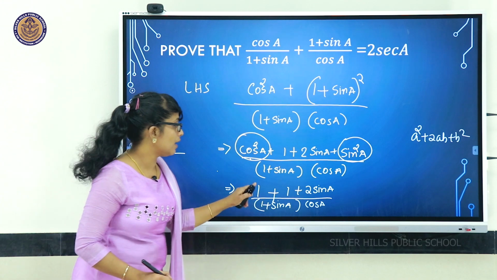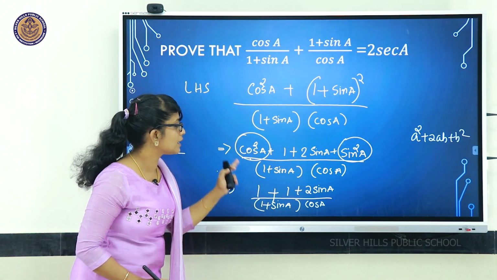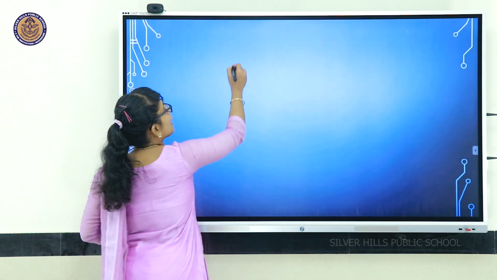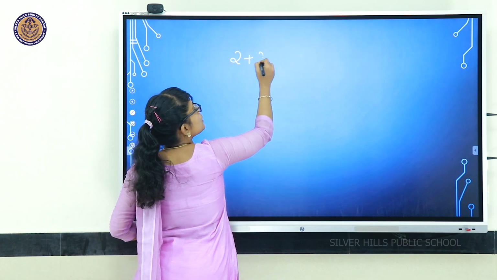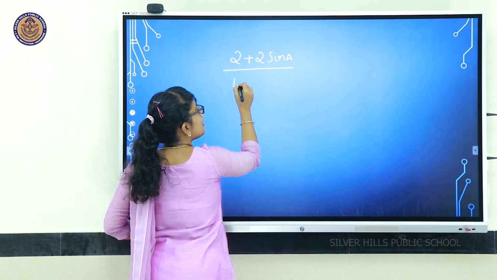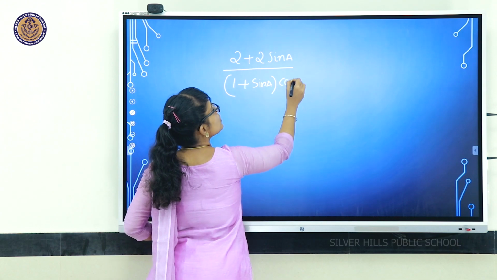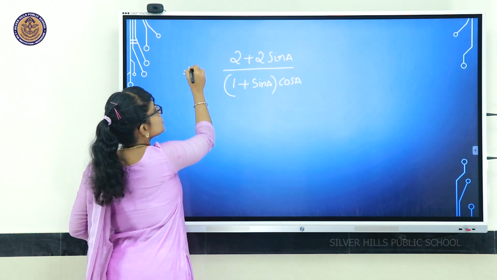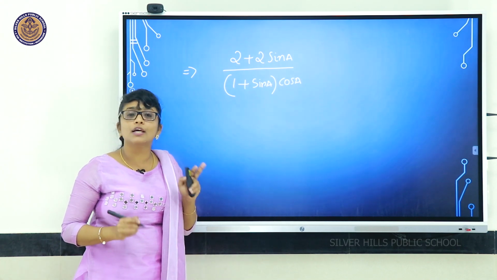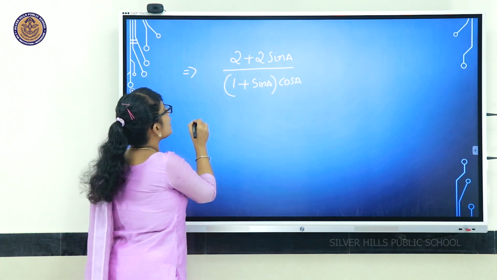1 plus 1. 1 plus 1 is what? 2. So, next step we can write 2 plus 2 sin A divided by 1 plus sin A into cos A. Okay, 2 plus 2 sin A by 1 plus sin A into cos A. From the numerator, who is common there? 2 is common.